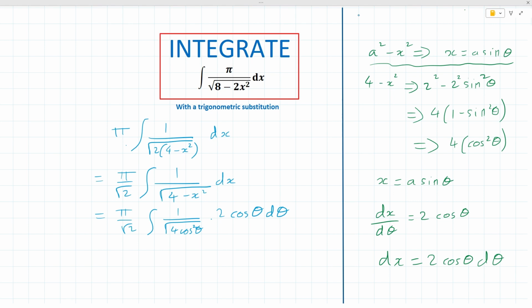For our next line, we're going to have pi over root 2 times the integral of, at the top, 2 cosine theta d theta, and at the bottom the square root of 4, which is 2, and the square root of cos squared, which is cos. So we're going to be left with 2 cosine theta. And you can see here that 2 cosine theta over 2 cosine theta is going to simplify so nicely.